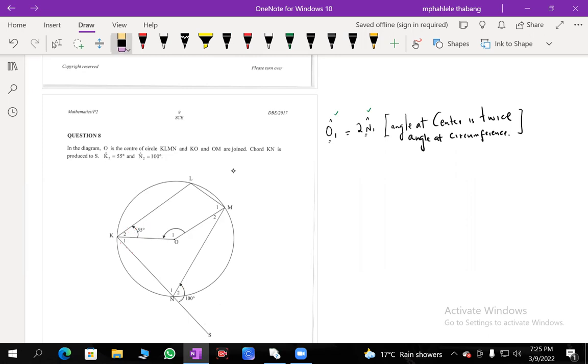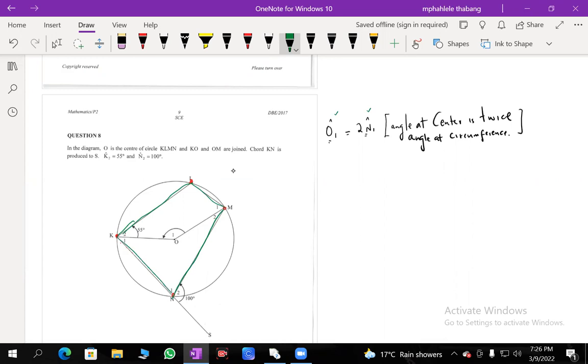This guy did not tell us that KLMN is a cyclic quad. They normally inform us that KLMN is a cyclic quad, but we know it's a cyclic quad. Why? Because it's a quadrilateral where all the vertices are at the circumference of a circle.